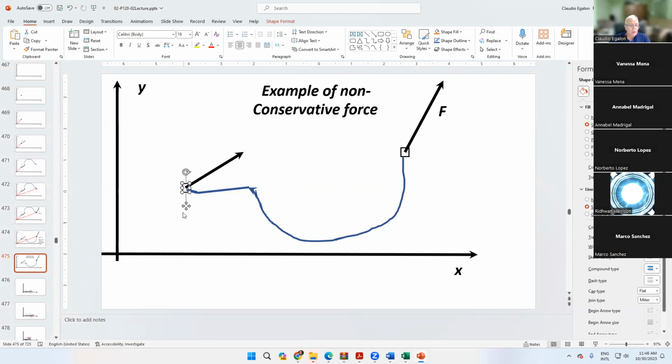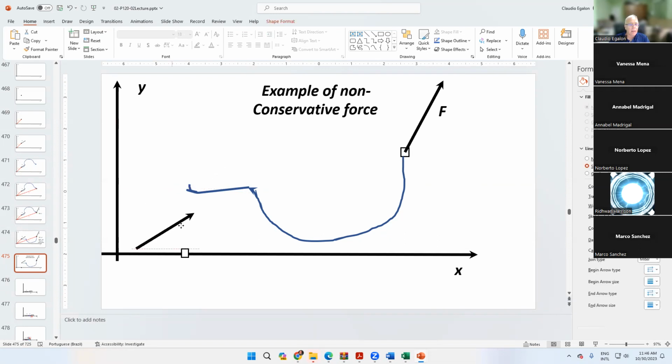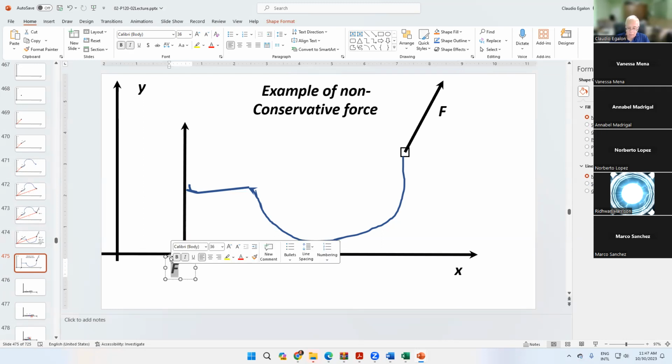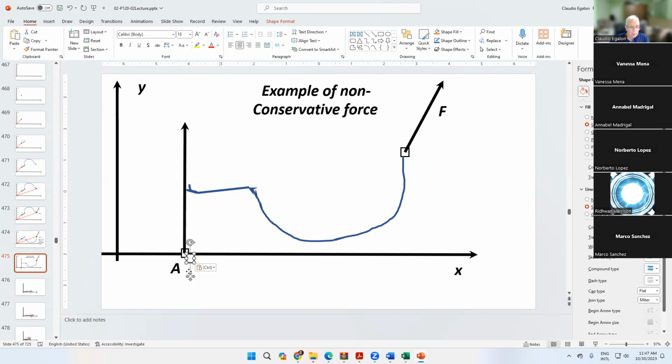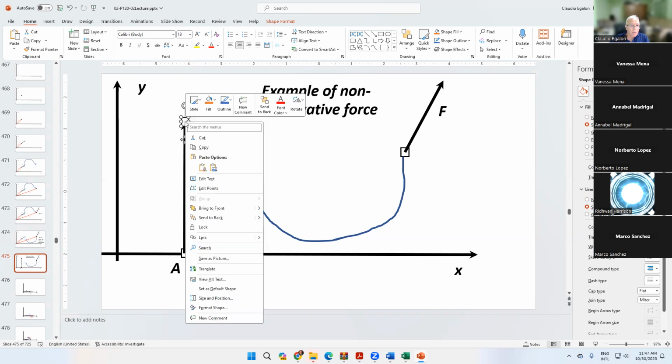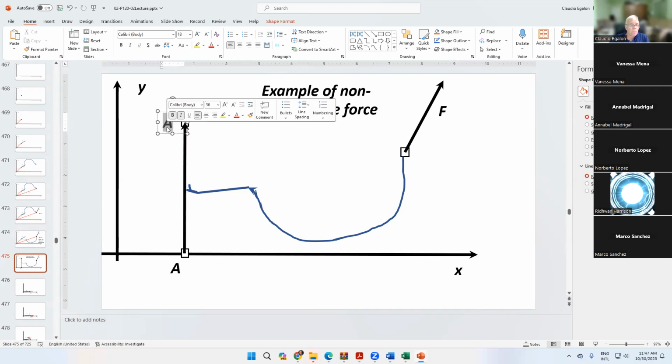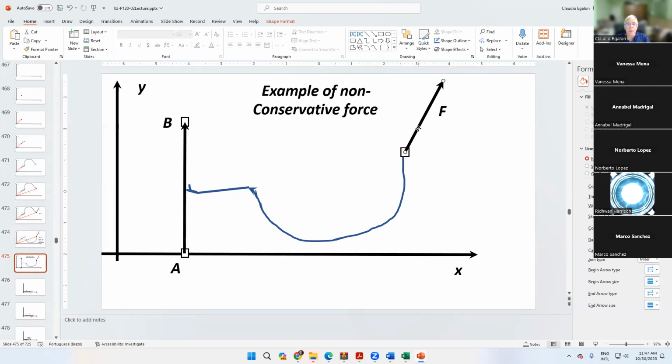Consider an object moving from point A to point B, and then from point B to point C. That's one path.